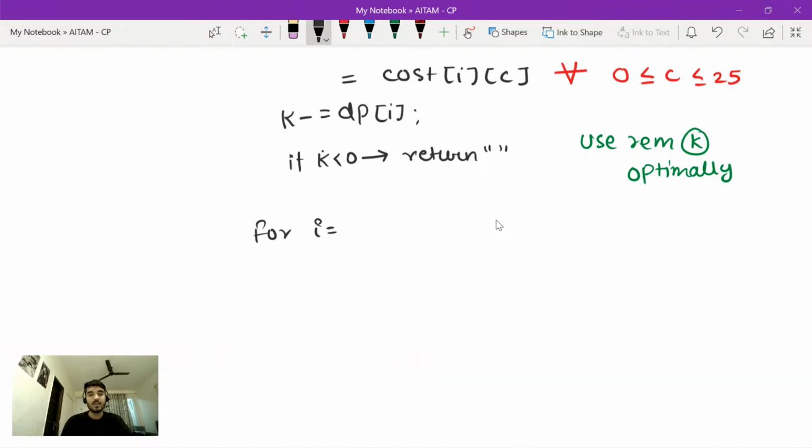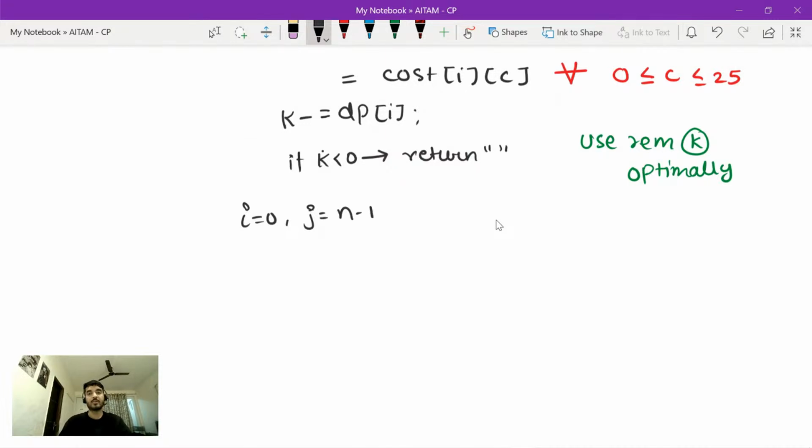For this, I again need to iterate over the indices, from i equals 0 up to n divided by 2. As per my implementation, you can also go with this for loop, which I personally found more intuitive. But I declared two variables, i equals 0 and j equals n minus 1.